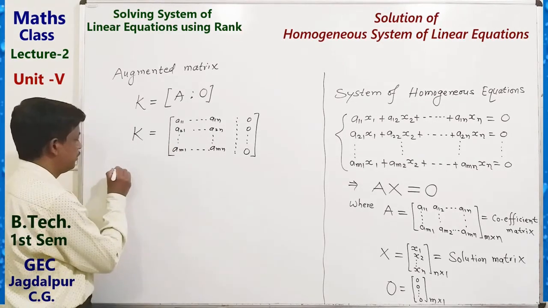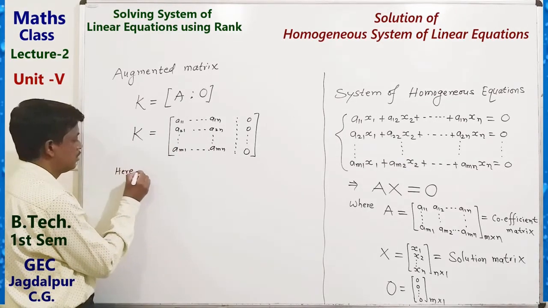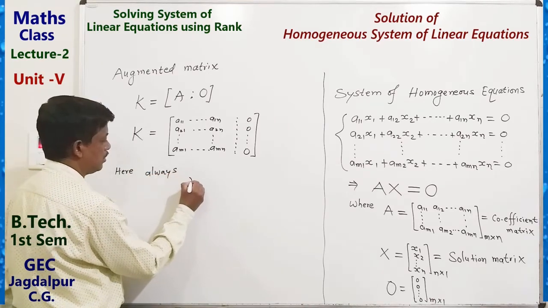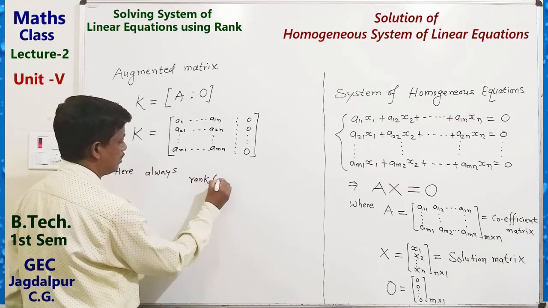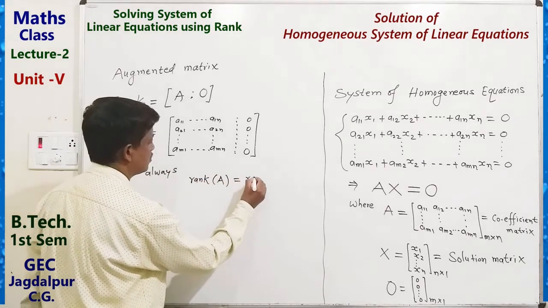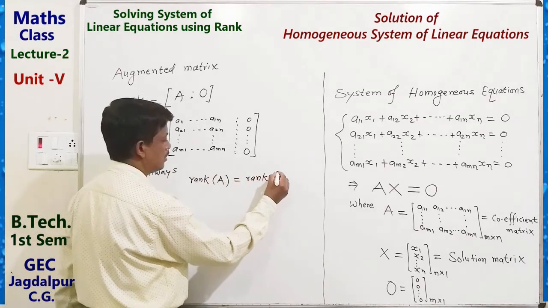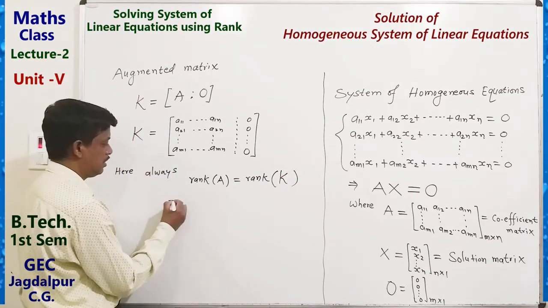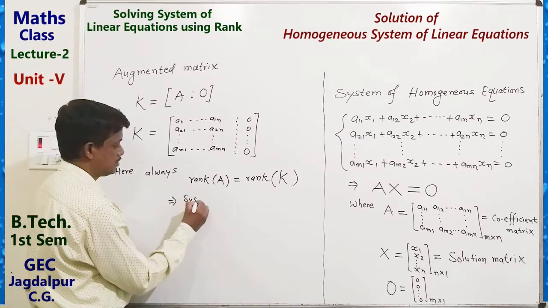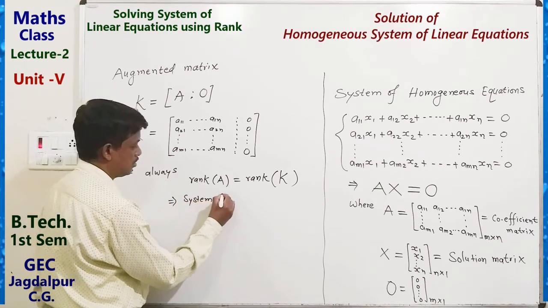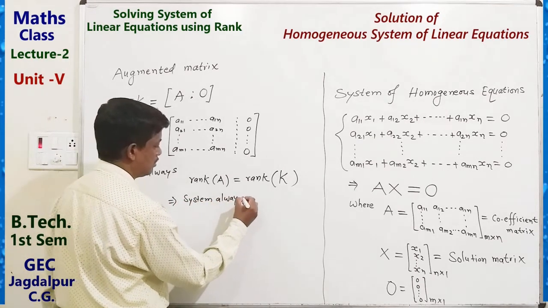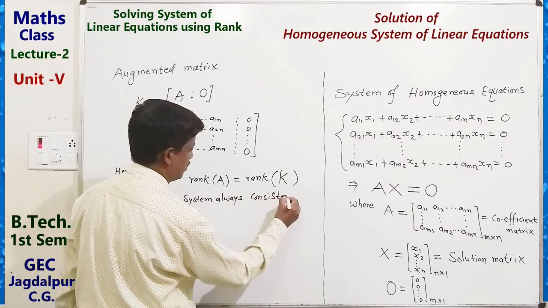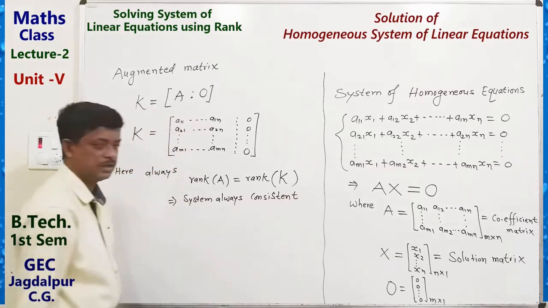Here, rank A equals rank K implies the system is always consistent.